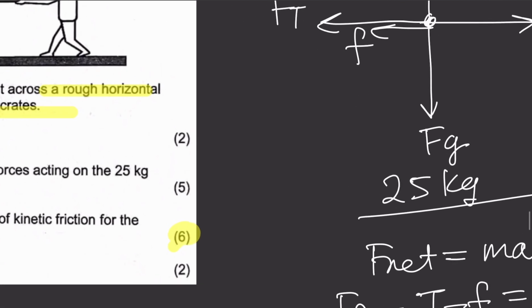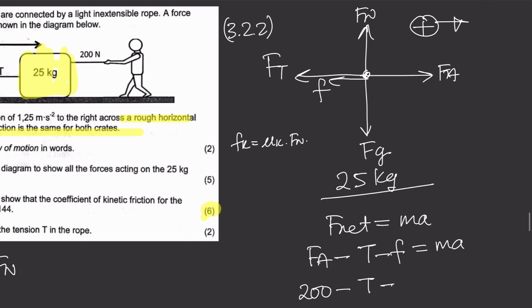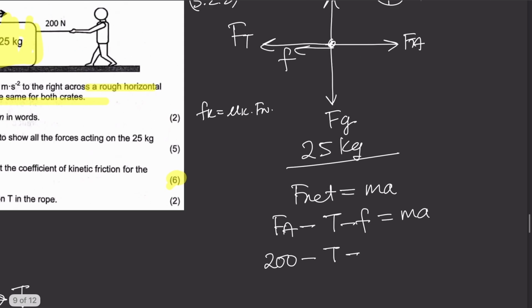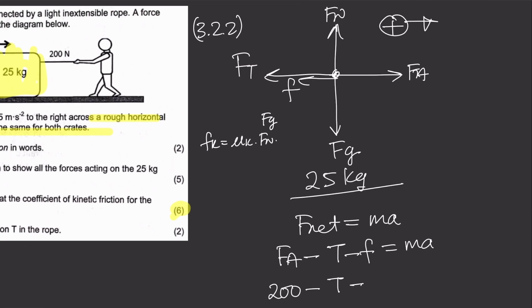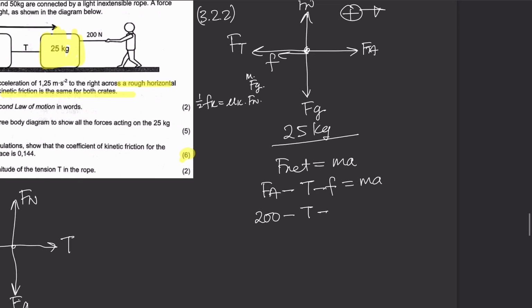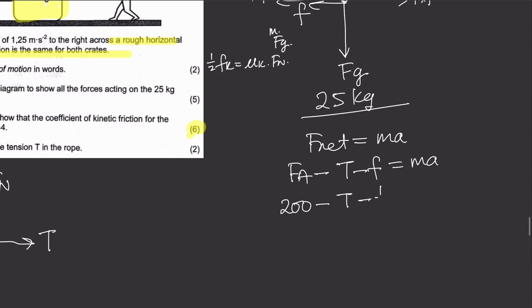Remember, friction is equal to mu k times Fn, right? And for both of these blocks, Fn is equal to Fg. And Fg is dependent on the mass. So for the 25 kilogram block, since it is half the mass of the 50 kilogram block, the kinetic friction is going to be half. So for the 25 kilogram block, we're going to put half F. And that's going to equal 25 times 1,25.